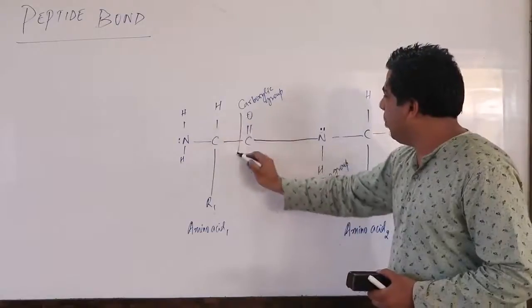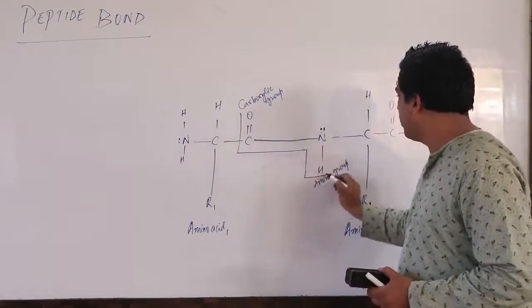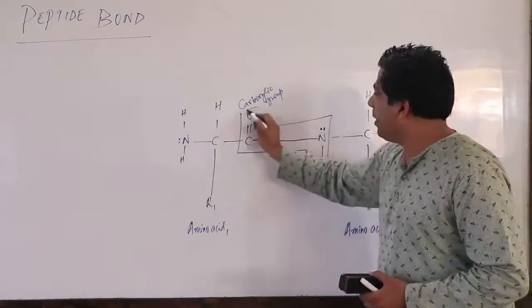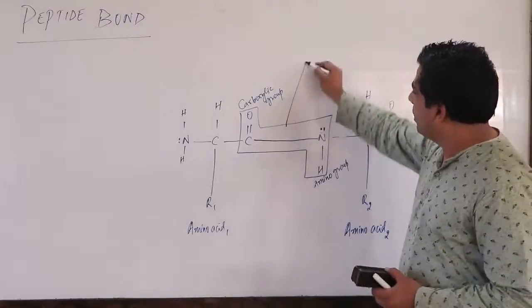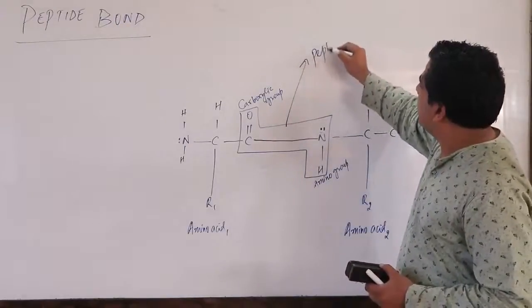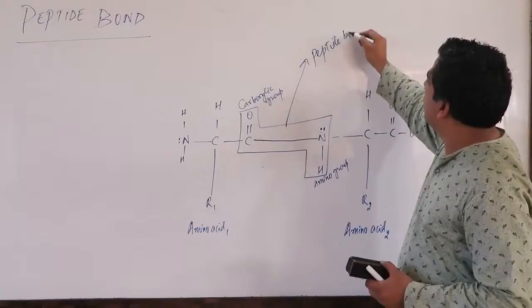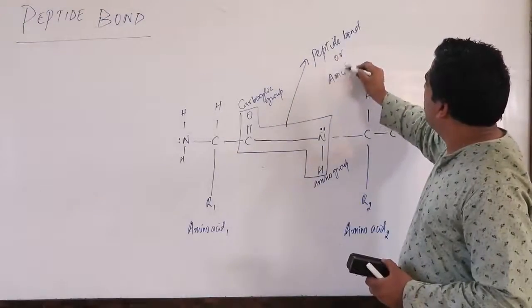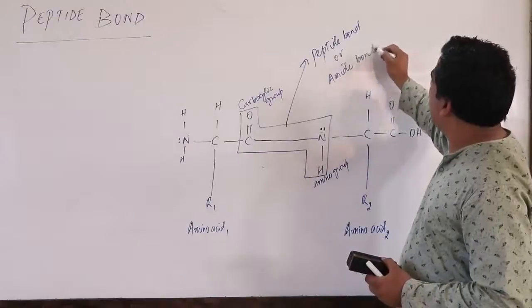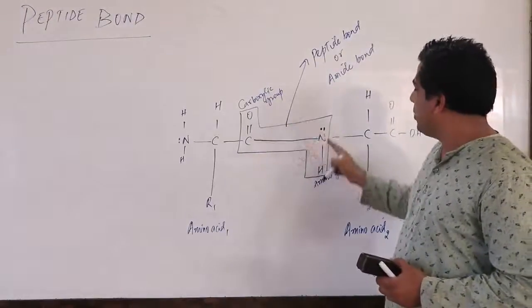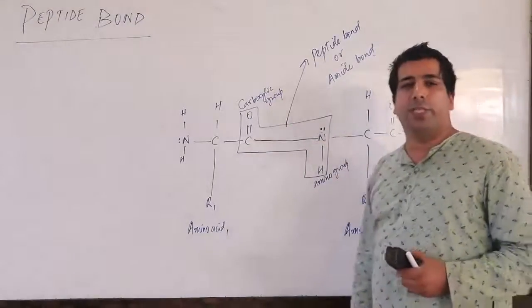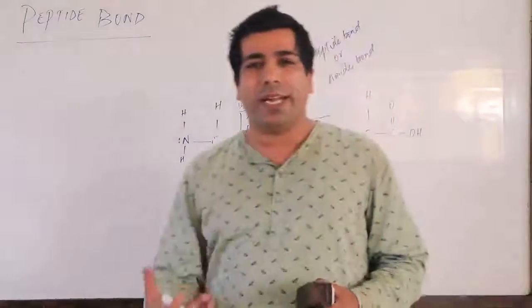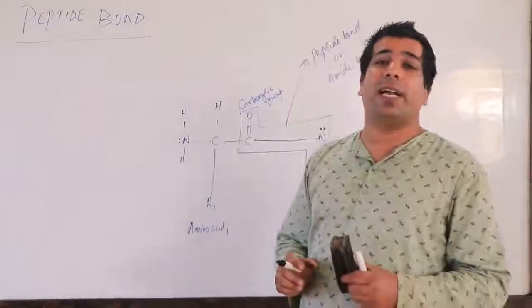Now this CONH bond is called as peptide bond. It is also known as amide bond. Why it is also called as amide bond? Because CONH group is called as amide group. CONH is called as amide. That's why it's also known as amide bond.